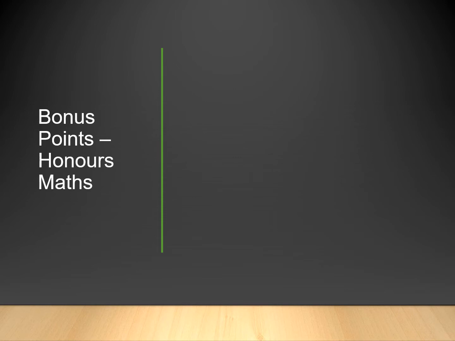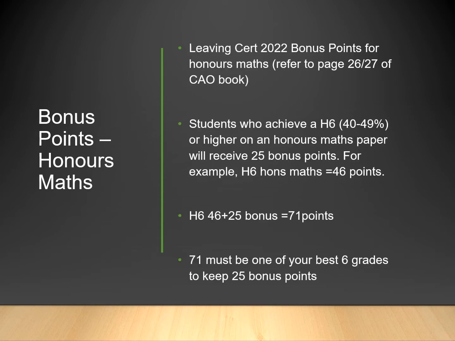Now, the bonus points for Honours Maths, just to take a little bit of time to talk about this. Leaving Certificate 2022, bonus points for Honours Maths. The information again is in the CAO book, which is on the CAO website. You can refer to pages 26 and 27.